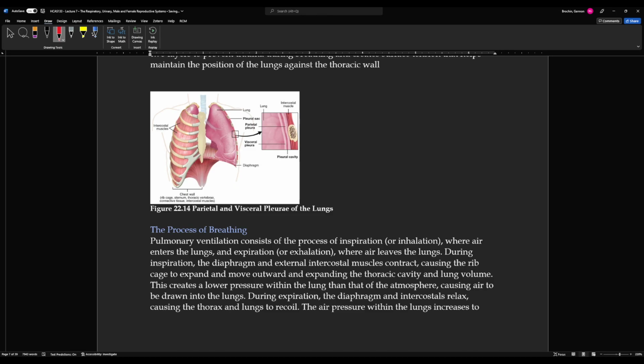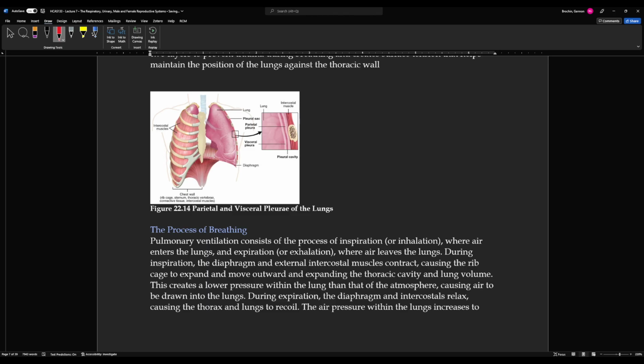So the diaphragm is our primary inhalation muscle, but our external intercostals play a role in that. And so can other muscles that we won't focus too much on, but if you think about where they attach, our scalene muscles and our sternocleidomastoid, they help expand the thoracic cavity.